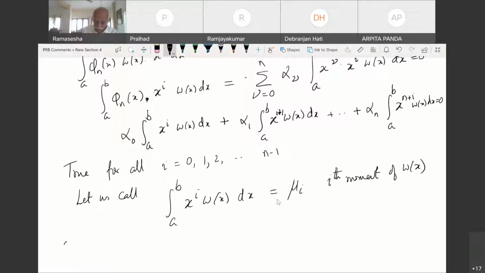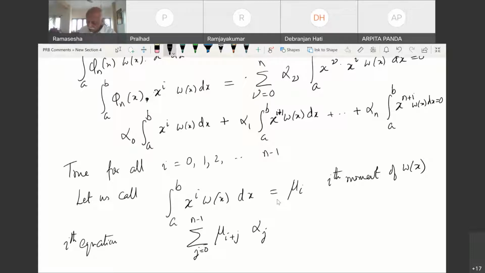So what will be the ith equation? Sigma over j of mu i plus j, j equal to 0 to n, times alpha j equals 0.